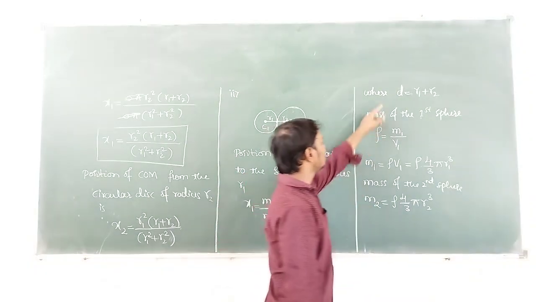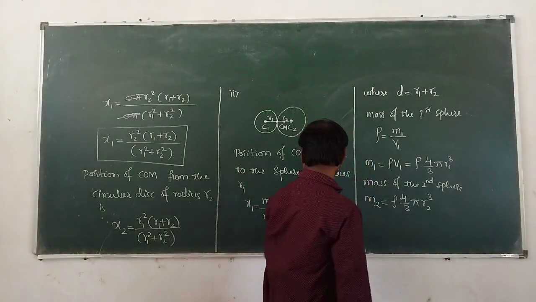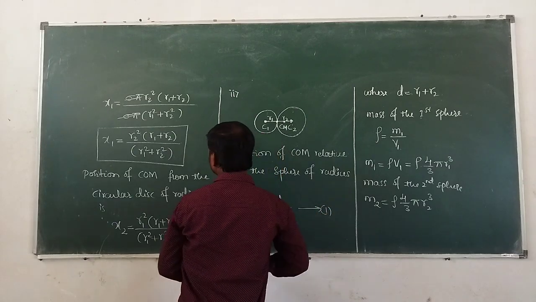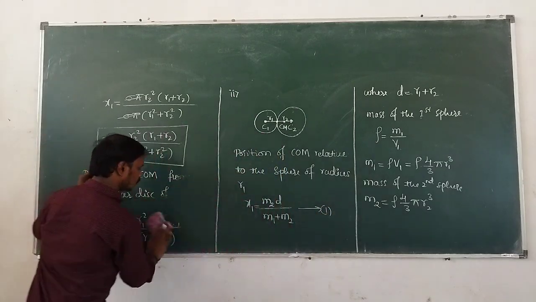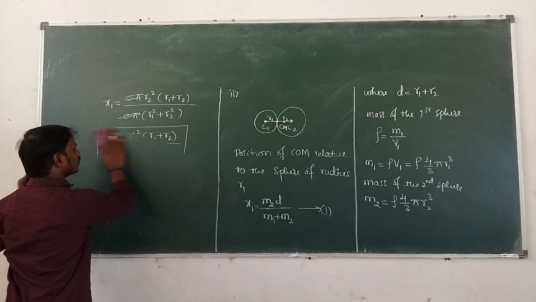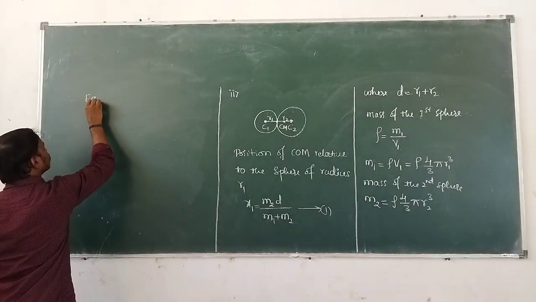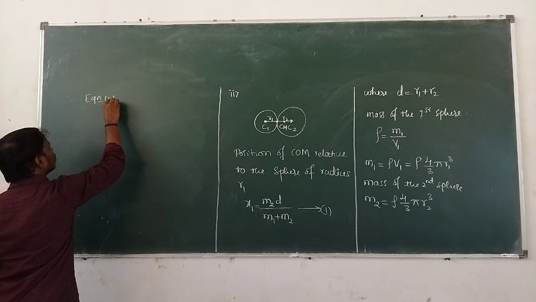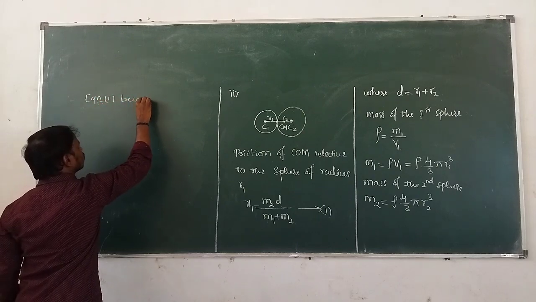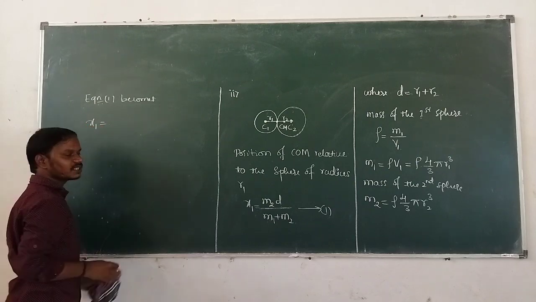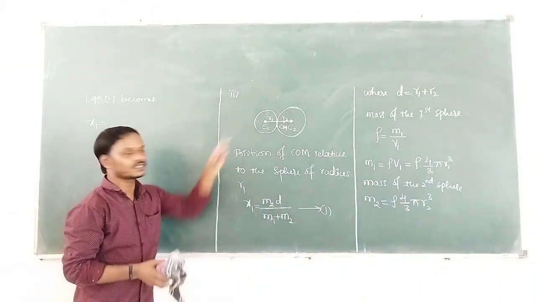Now substituting these values in this equation, I will call it equation 1. Then equation 1 becomes: x1 is equal to, the position of the center of mass from the first sphere.